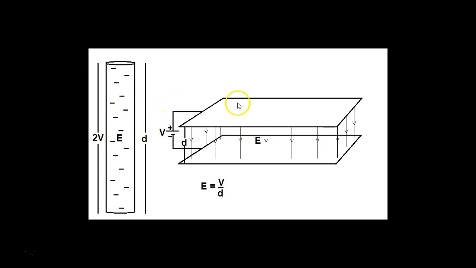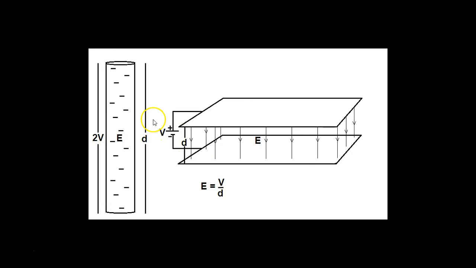What is more significant is the application of this idea to parallel metal plates. Here you can see we've got a potential difference between the top and the bottom plate. And what that does is it creates an electric field between the two plates. That field, A, happens to be uniform, and B, varies with the potential difference and the distance.